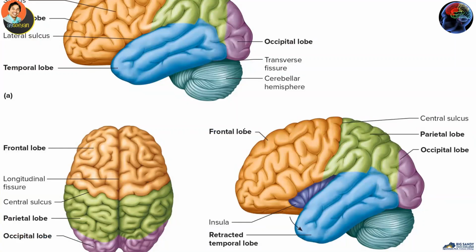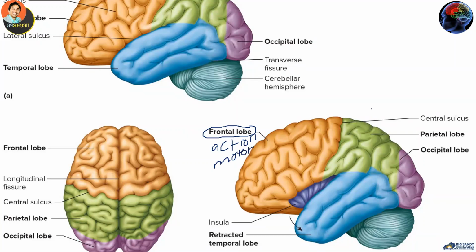It is divided into 4 main lobes. The front part is called the frontal lobe, and the frontal lobe is mostly used for activities, for action. It controls actions, or motor function.